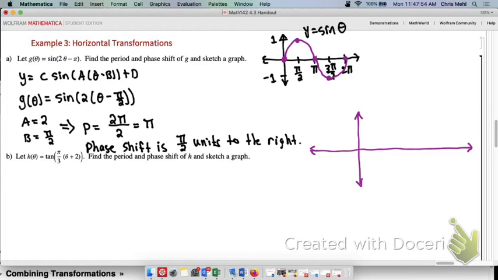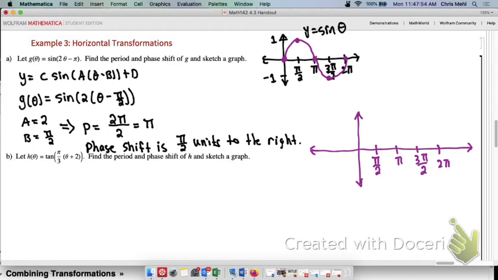Now let's just do this to start. Okay, here's pi over 2, here's pi, here's 3 pi over 2, here's 2 pi. Actually, oftentimes one thing that I do to help me graph something like this is to look at the fundamental cycle for sine.